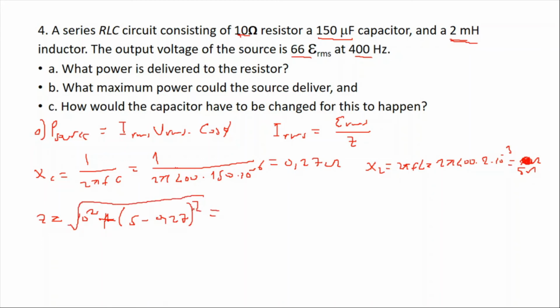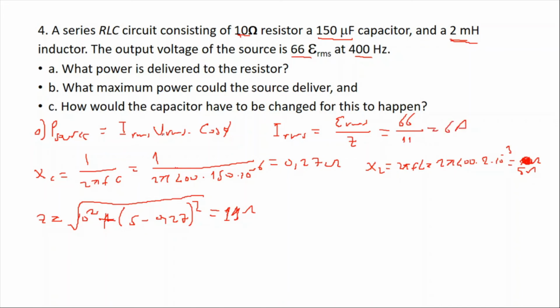Calculating this will give us approximately 11 ohms. Then now that we know Z, we can calculate I RMS. It will be equal to E, which was 66, divided by Z, which is 11. It will be 6 ampere. This is the I RMS.